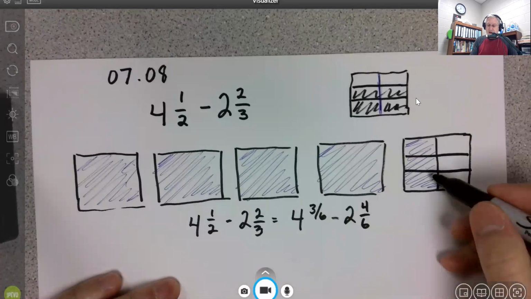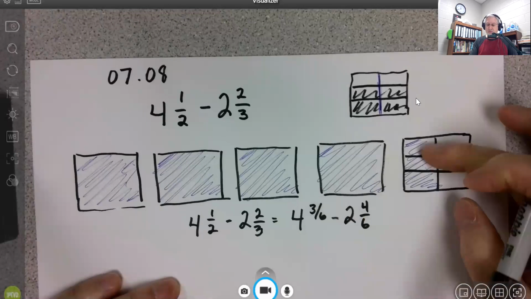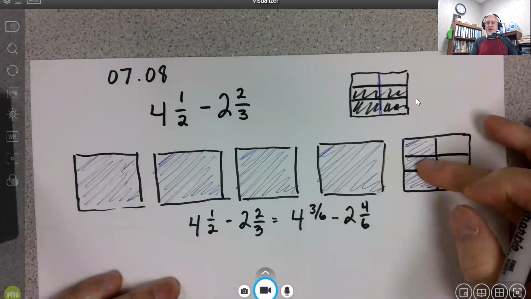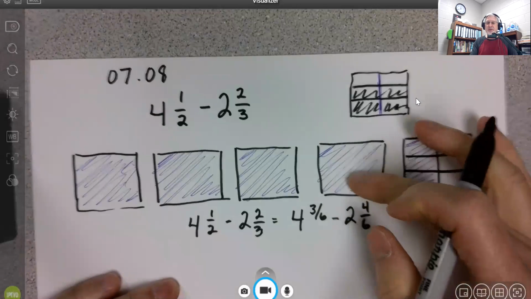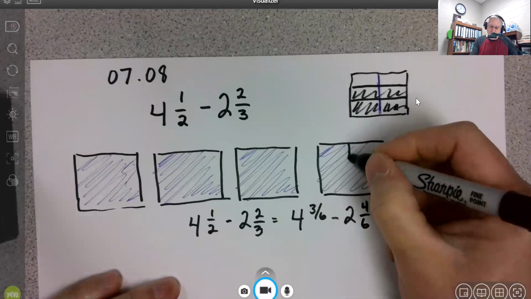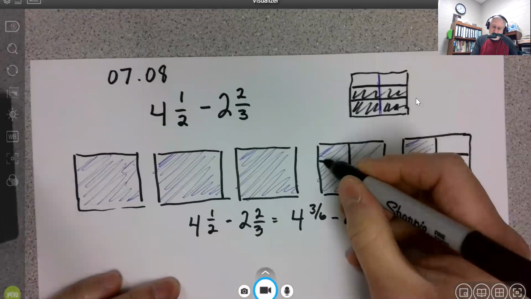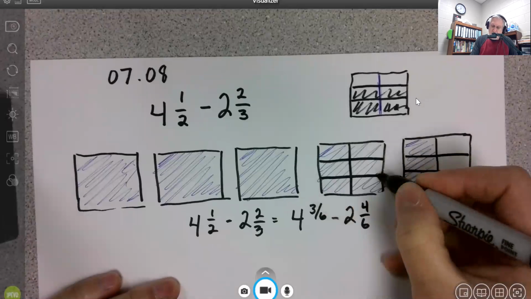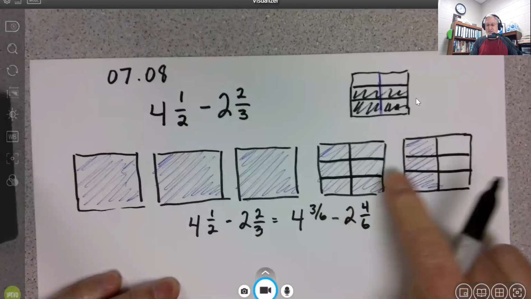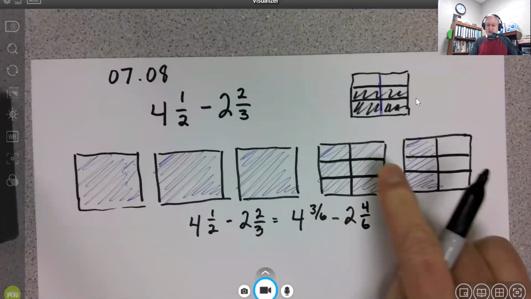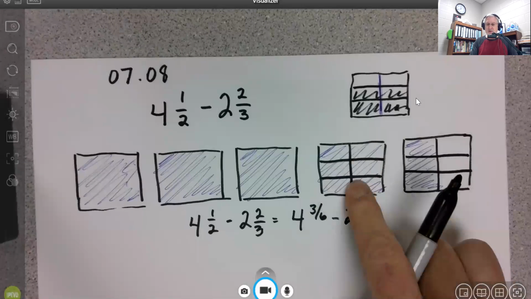So I cannot take away four individual parts. So what I have to do is make this whole look like this model with our parts, because I know that 6/6 equals 1 whole.